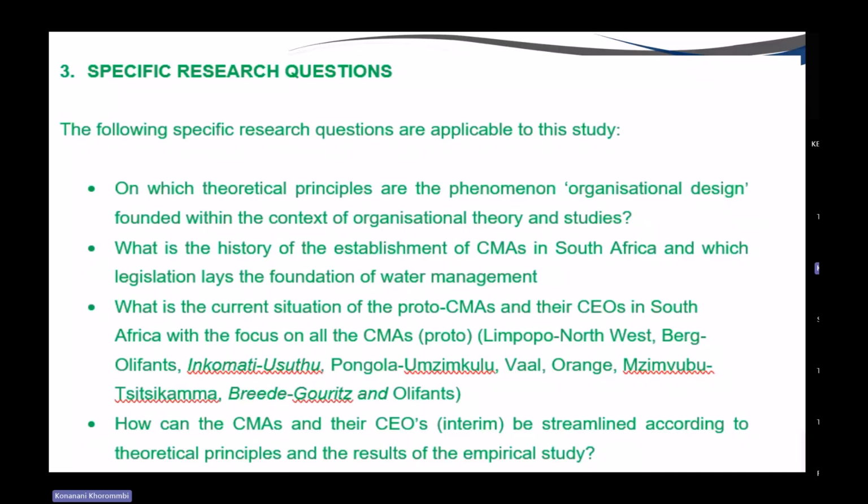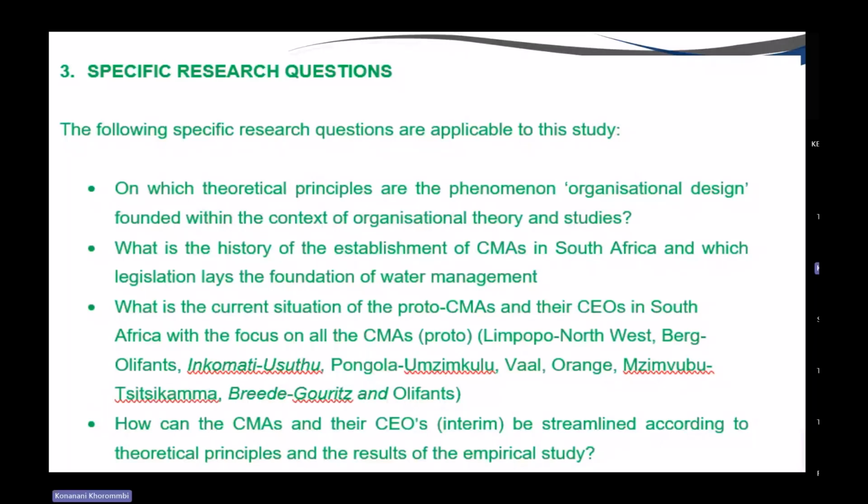And I will argue that this objective is given effect to by chapter 3, which is part and parcel of the literature review that has unpacked the theoretical framework. So if this question was not there, I would not have unpacked the theoretical framework in chapter 3.